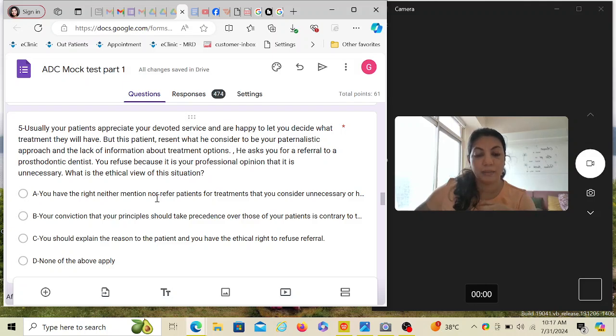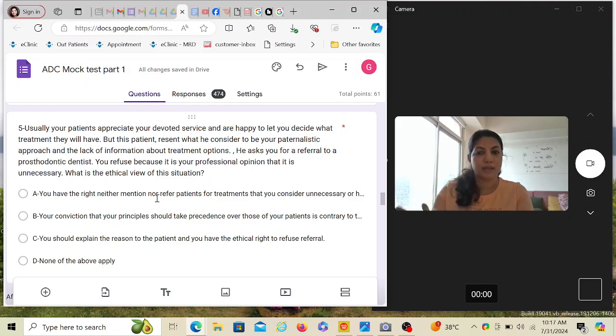Or he should tell me that he has a right to refuse the referral, or none of the above. So, legally and ethically, if a patient is asking for a referral, the general dentist cannot refuse. This is how it should be ethically, and that is what is mentioned in the ethics.